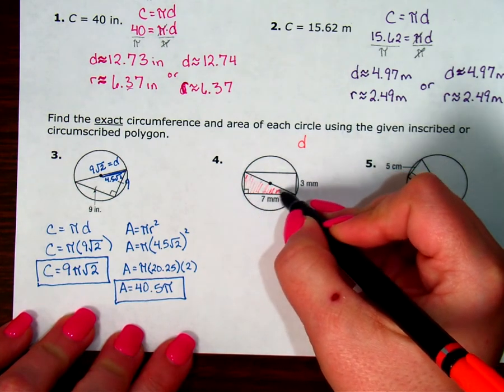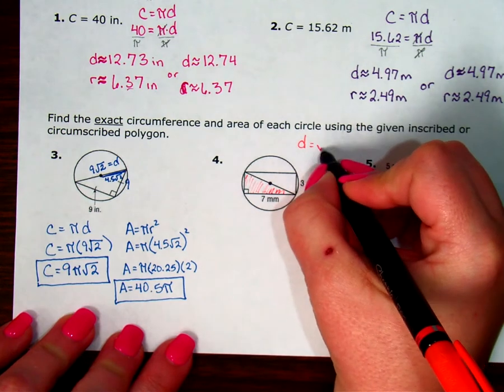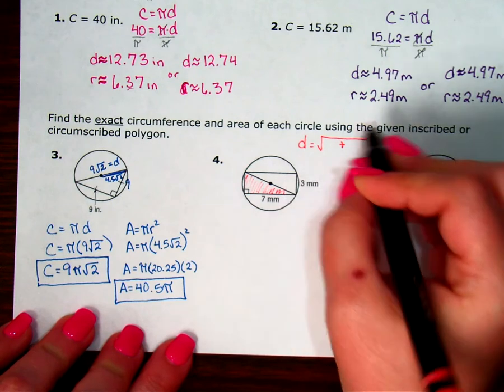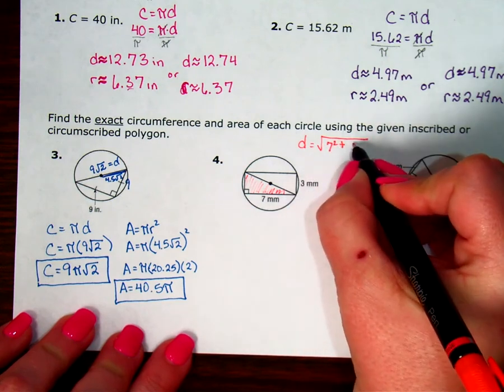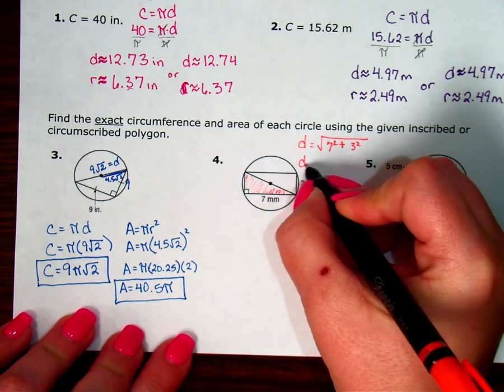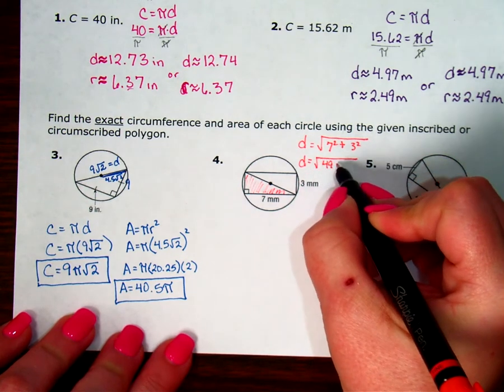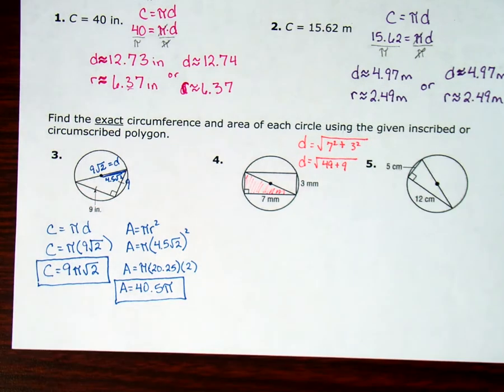And the hypotenuse we get by adding the square of the two legs. So 7 squared plus 3 squared. So my diameter is the square root of 49 plus 9. 49 plus 9 is 58.